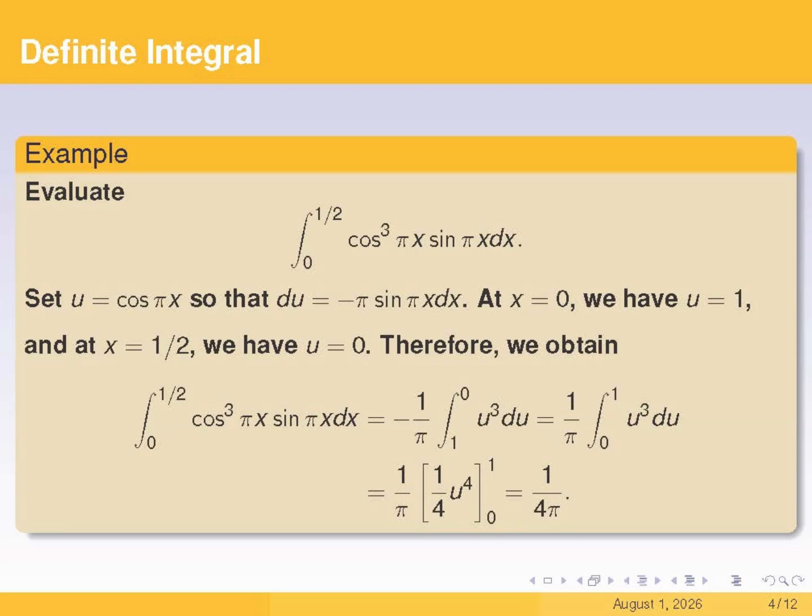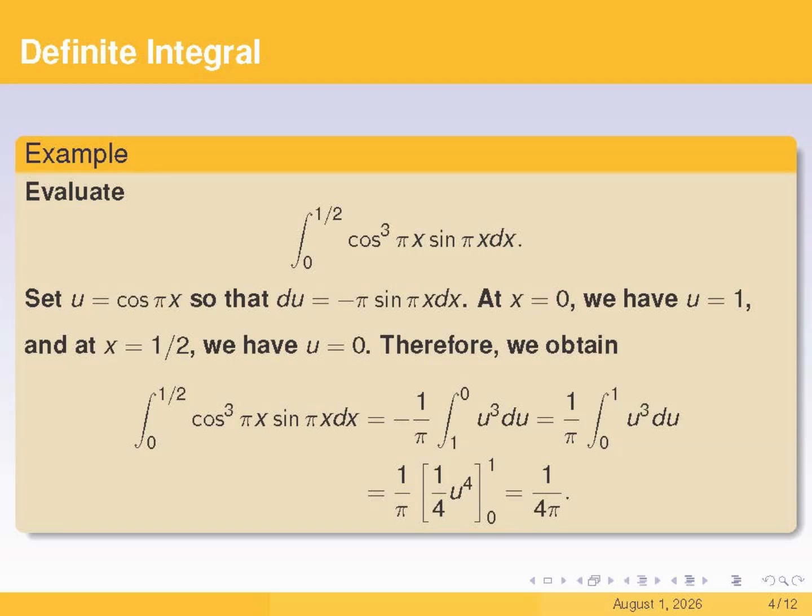This example involves computing the definite integral on the second line. The substitution for variable u is set on the third line. When applying substitution to a definite integral, the limits of integration also change. Originally, the lower and upper limits of integration with respect to x are 0 and 1/2, respectively.